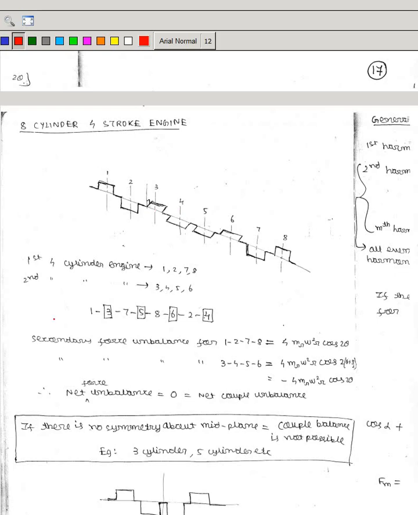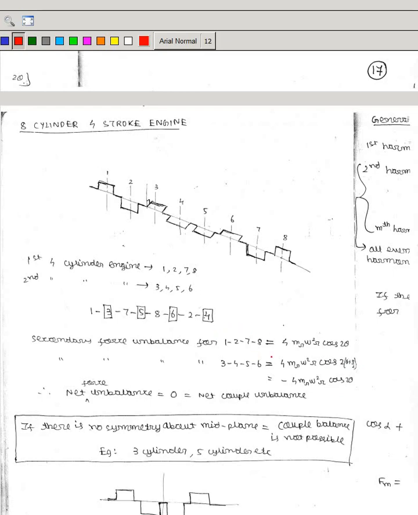So you know, for 1, 2, 7, 8, only one unbalanced force, secondary unbalanced force is there, which is this. And if one makes theta angle with the reference line, then it is cos 2 theta. Then for 3, 4, 5, 6, since this angle is 90°, the secondary force is cos 2 theta plus 90°, which is actually this.